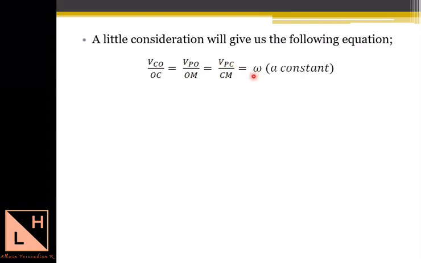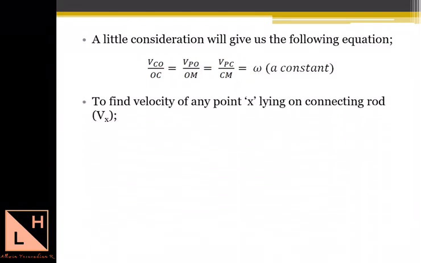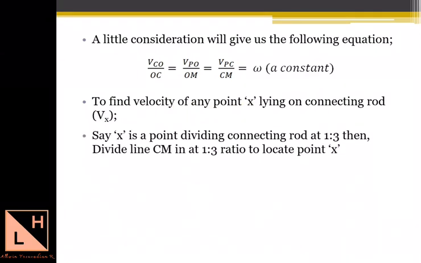Omega is simply the angular velocity of the mechanism, which is going to be a constant. Using this equation, we'll be able to find the velocity of the three components in the slider crank mechanism. For example, if we want to find the velocity of any point x lying on the connecting rod, say Vx, we'll be able to find it by a simple geometrical procedure.